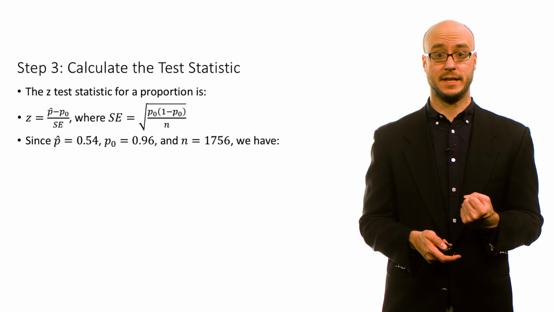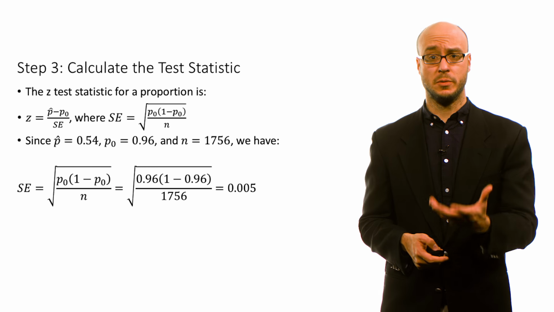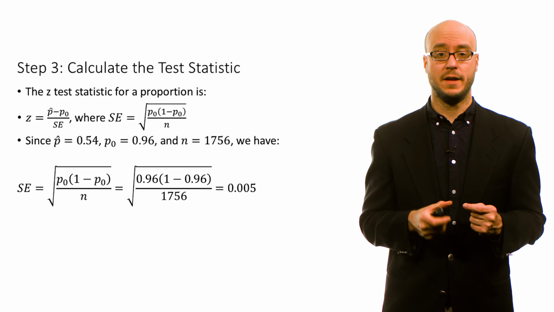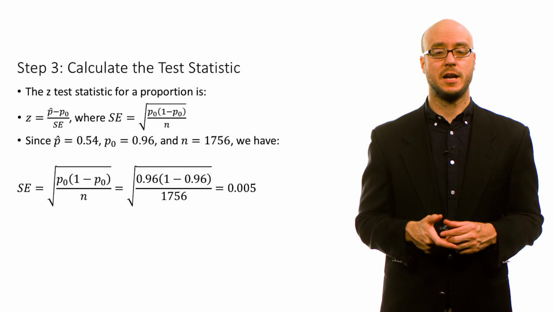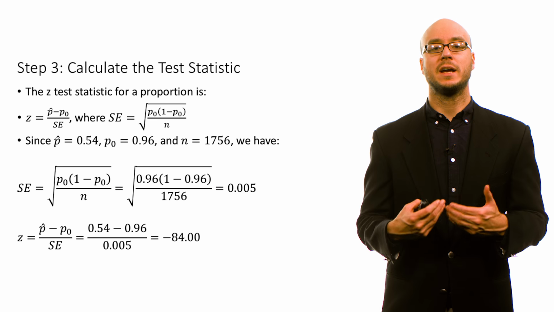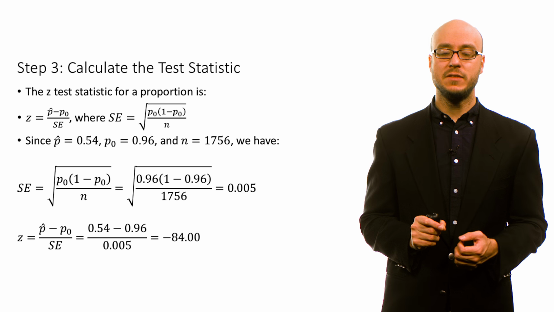The null is 0.96, and our sample size is 1,756. So based on this information, we can calculate a standard error of 0.005. That is our expected standard deviation of the sampling distribution for p hat. Then we can calculate a z-test statistic. The z-test statistic is negative 84.